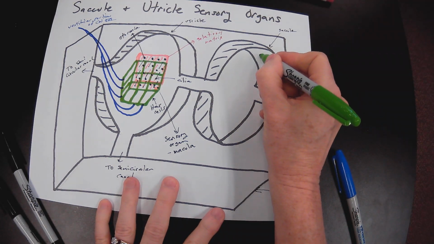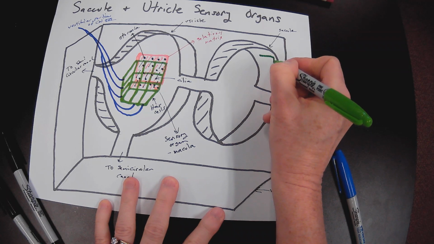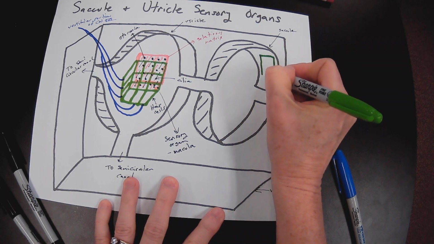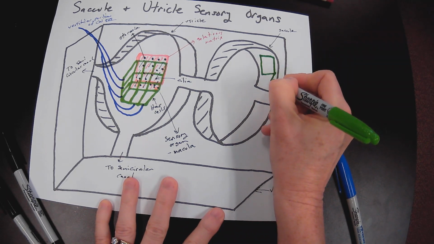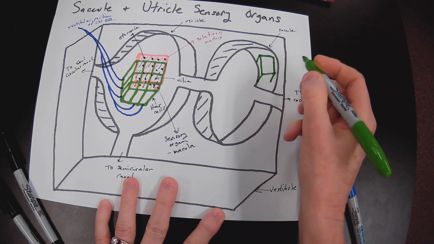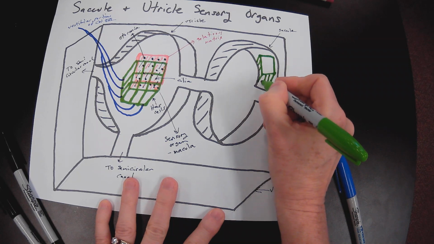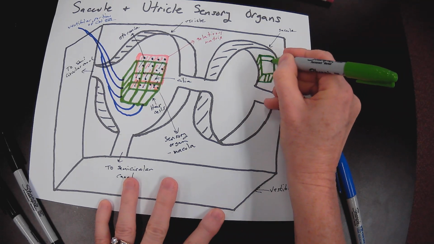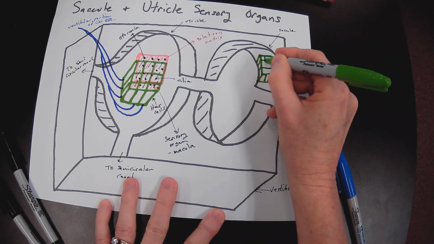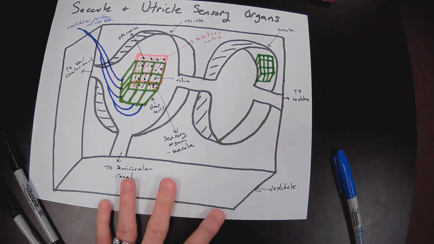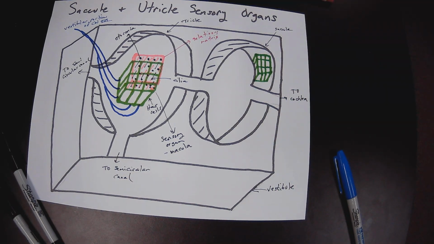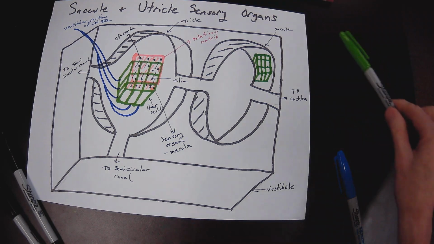So in the saccule, I've got the same situation. All I'm doing is drawing in my hair cells. Exact same picture, only now we're positioned on the wall of the pool, so I can detect up and down motion.